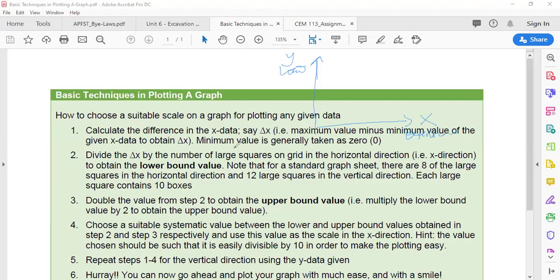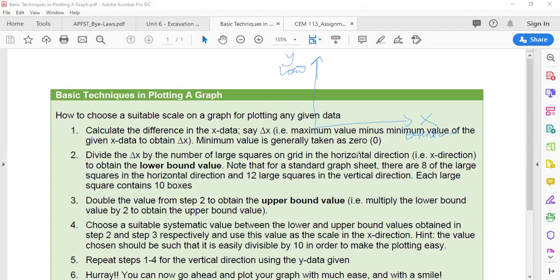So first of all, look for the minimum and the maximum value in the x-axis. Even before we go there, may I know, from the graph that I gave, the assignment graph, the coursework graph, let's look at the x data.